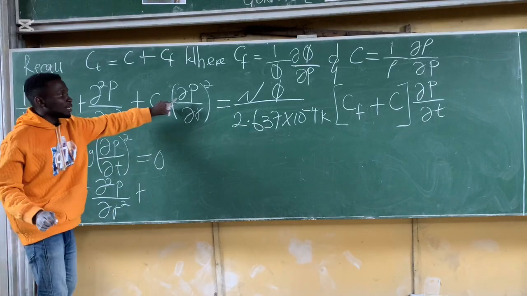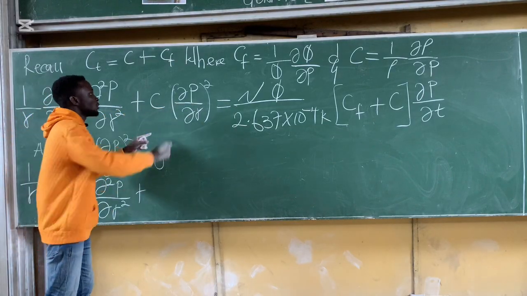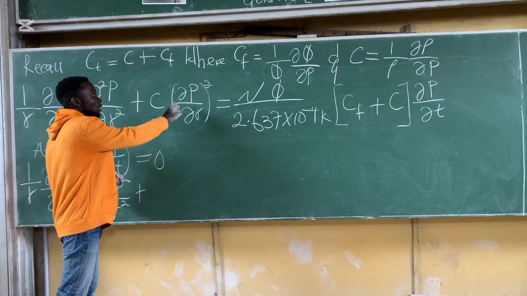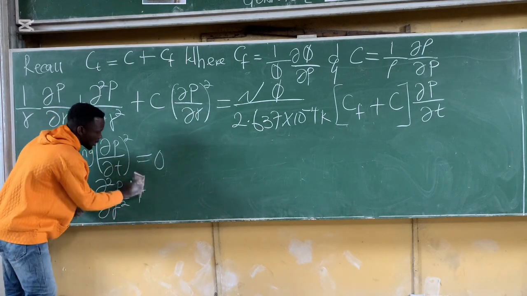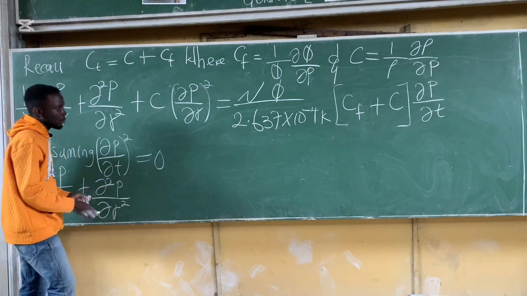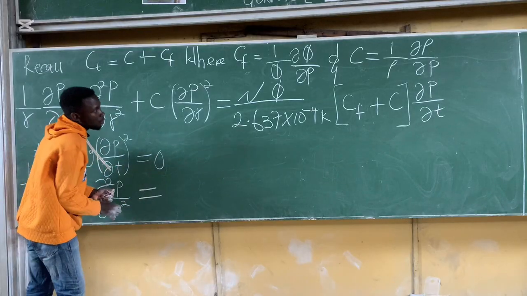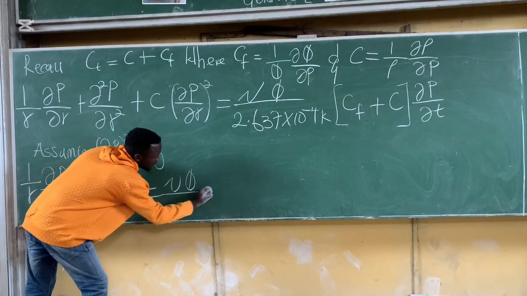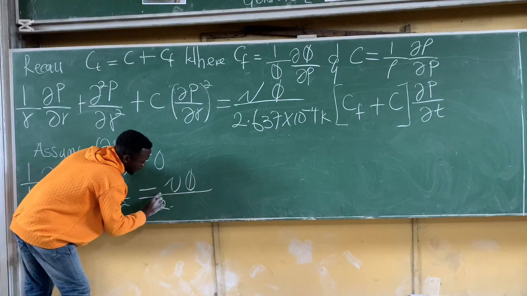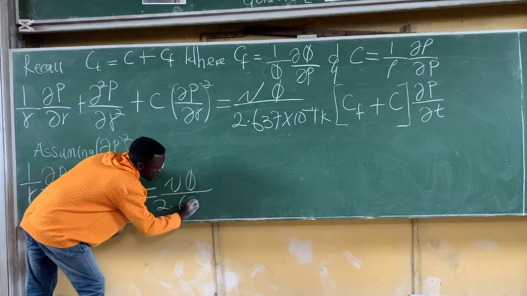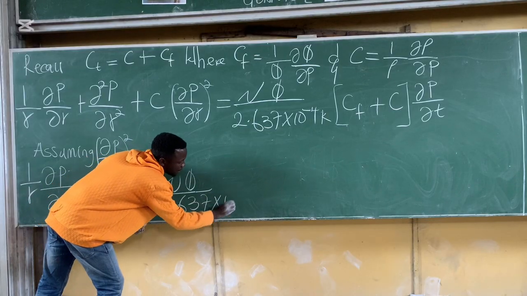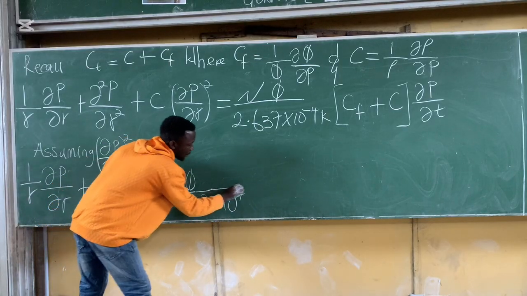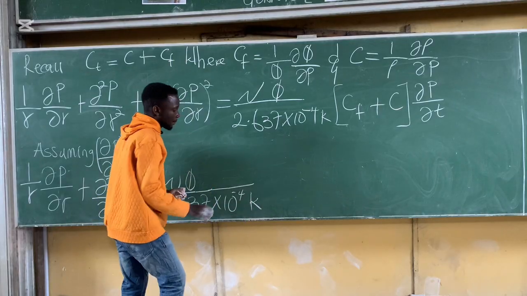Now we said that this one is 0. So if this one is 0, 0 square is what? 0. 0 times c will give us what? 0. So everything here becomes 0. This will be equal to mu phi divided by 2.637 times 10 raised to the power of minus 4 k.